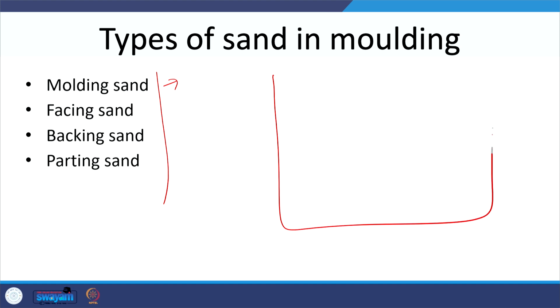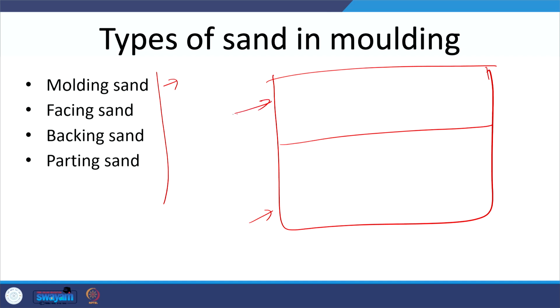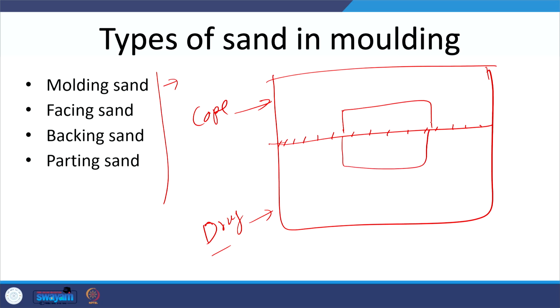Now let us talk about the different types of sands which are used. Let us say we are using two flasks, one is the cope, the top one, and another is the drag. Here, at the junction between the two, a part of the pattern will be at the top and part of the pattern will be at the bottom, and around the pattern the molding sand will be packed.